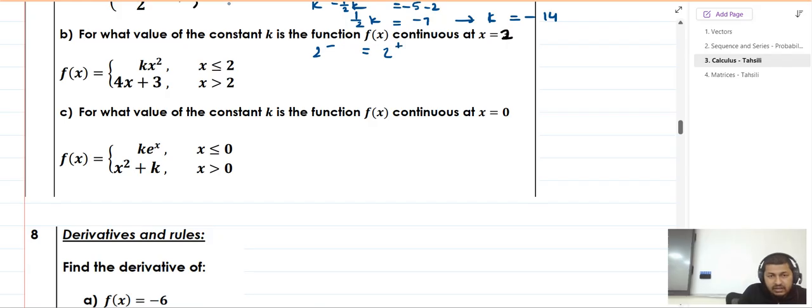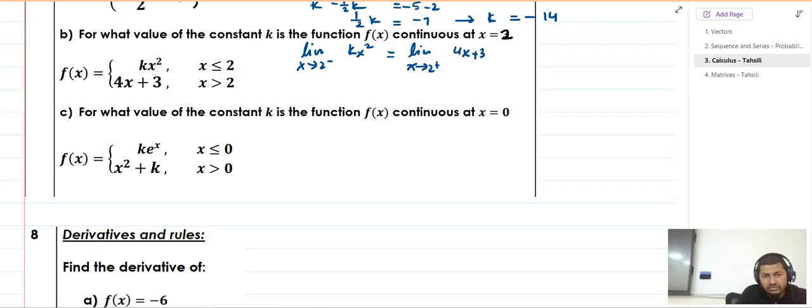Let's write it properly. Limit as x approaches 2 from the left, I would choose kx squared, and limit as x approaches 2 from the right, I will choose 4x plus 3.